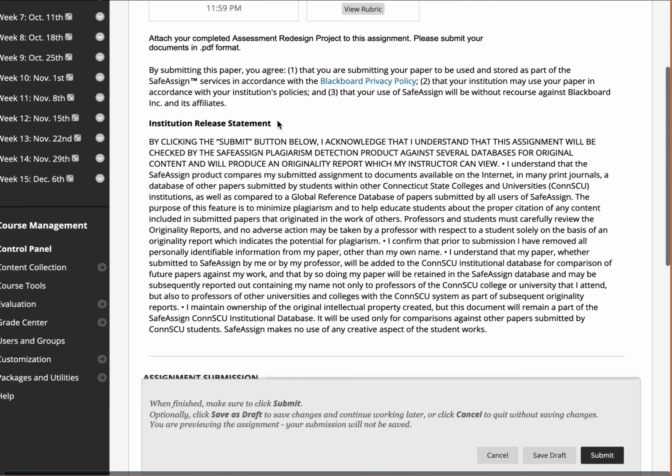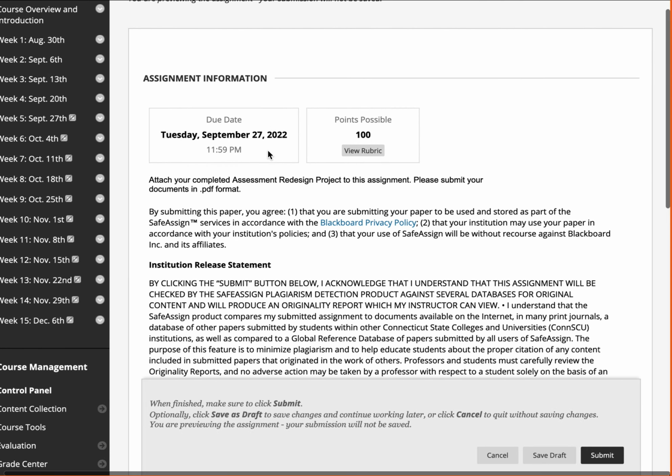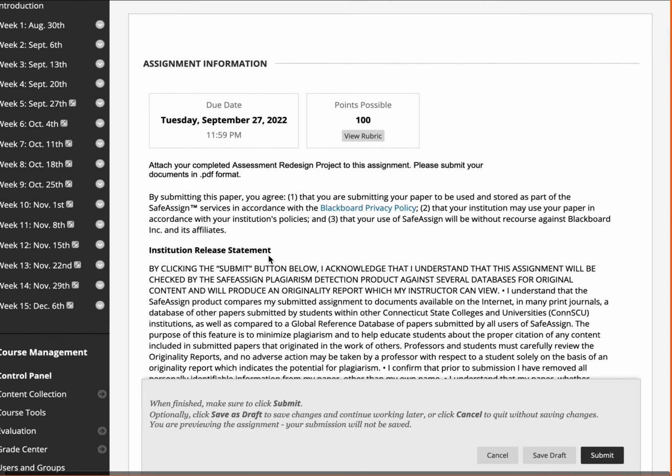These are being run through, and this has just become kind of standard practice with the university on Blackboard. They will be running through the, what do they call it? The Safe Assign, which is just a thing that automatically scans documents and looks for issues in terms of plagiarism and stuff like that. I can't imagine there's really going to be much of that in this, because you're writing your own plan.